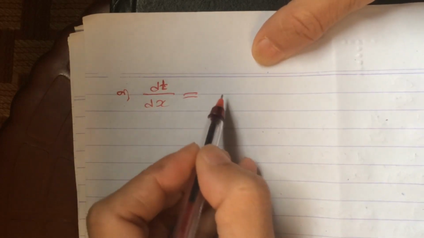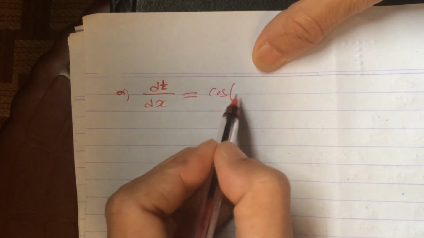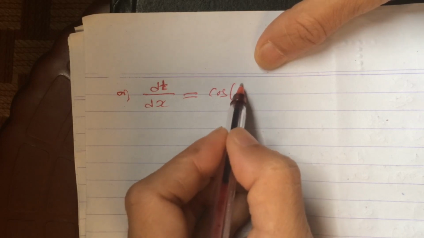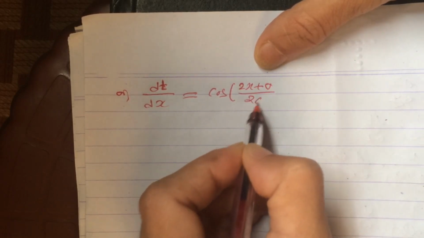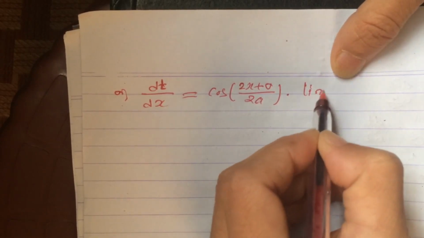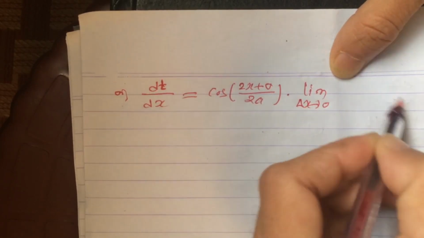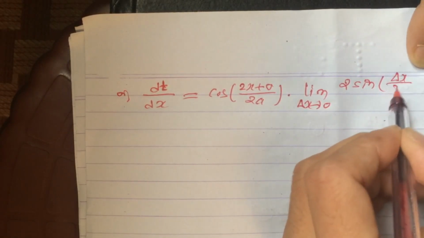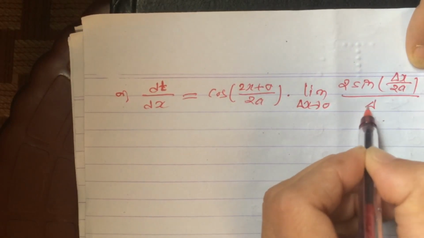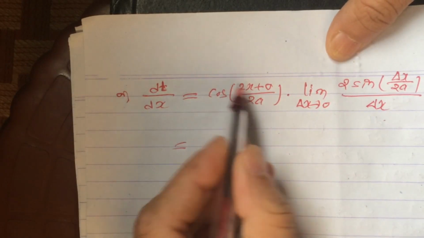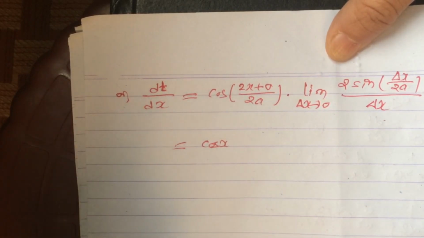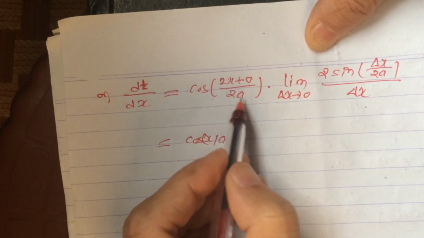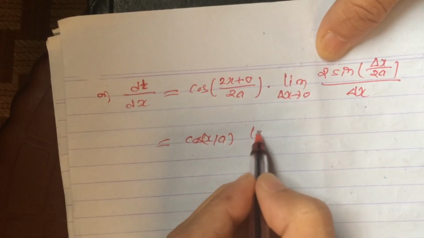You can take out that cos of (2x plus del x) divided by 2a out of the limit as cos of (2x plus 0) divided by 2a, and the remaining limit del x tends to 0 is 2 times sine of del x divided by 2a, whole divided by del x. This becomes cos x by a, because the 2 cancels out here.